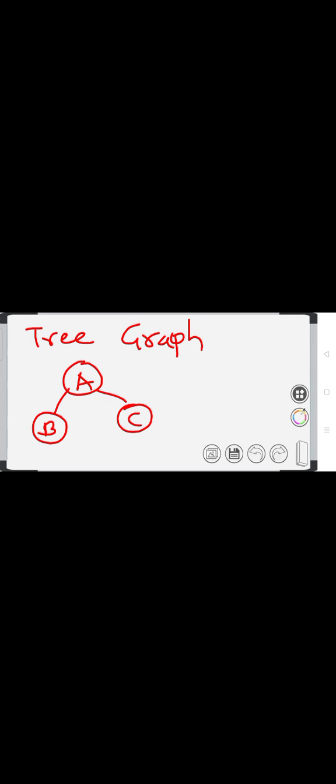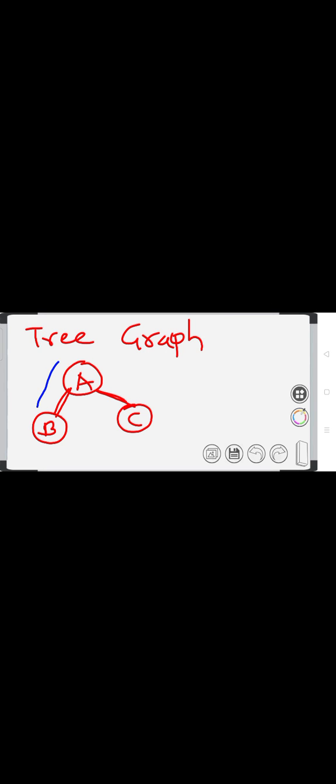It means that you can go from A to B, or from A to C, or from B to C also. But to go from B to C, we have to take the help of node A. There is no cycle present in a given tree.